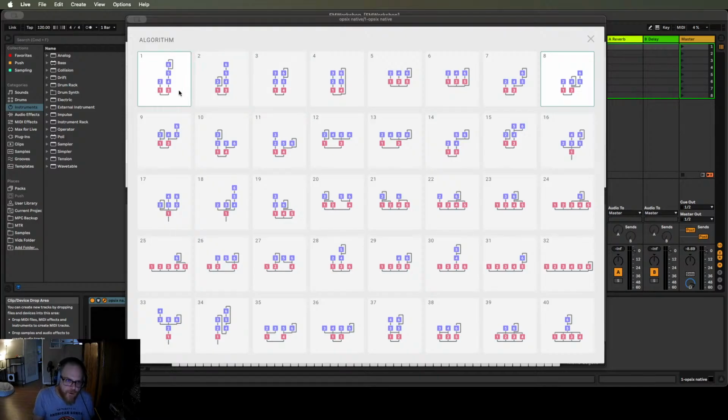I should have said it earlier. So, for example, on algorithm 1 here, right, 6 is going to have much less of an effect, relatively speaking, on the sound than 4 for two reasons. One, it's further away, so it modulates this, which modulates this, which modulates this. But because of that, you might have an envelope for 4 that matches your envelope for 1 or for 3, right?